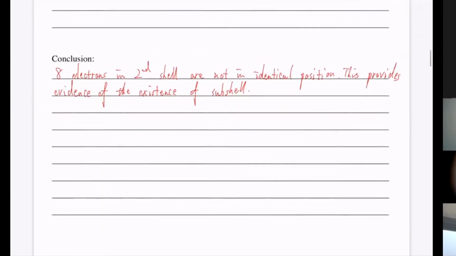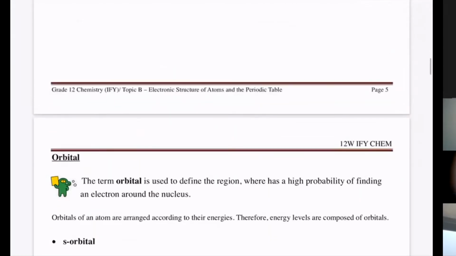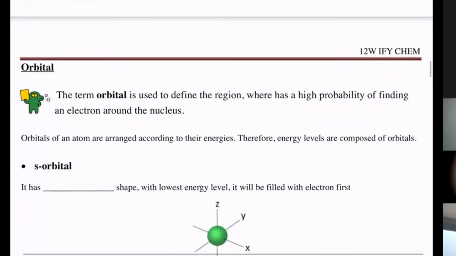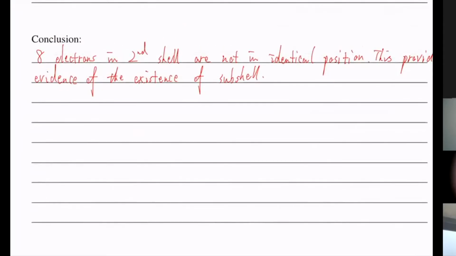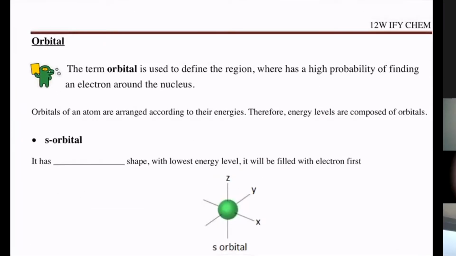Okay, so now let's introduce what the subshells are. Here is another new term you need to remember, which is orbital.